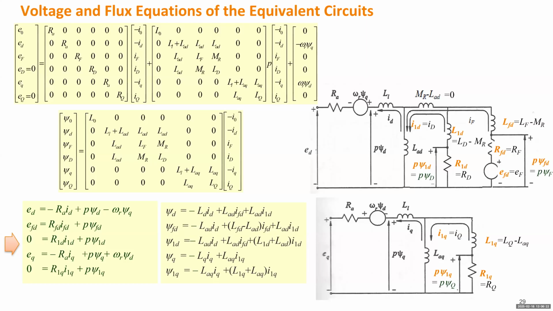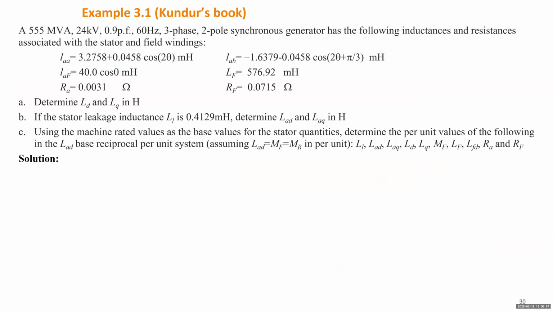And those parameters will be the typical parameters you can see from many generator models, from some software tools, from the commercial software vendors. In Kundur's book, there's one example, 3.1. So you can utilize this example to do some calculations regarding the parameters of the model and also change the value from the original value to per unit value.